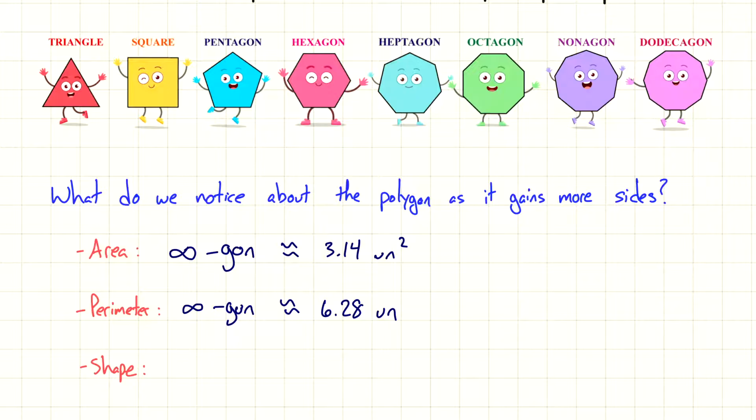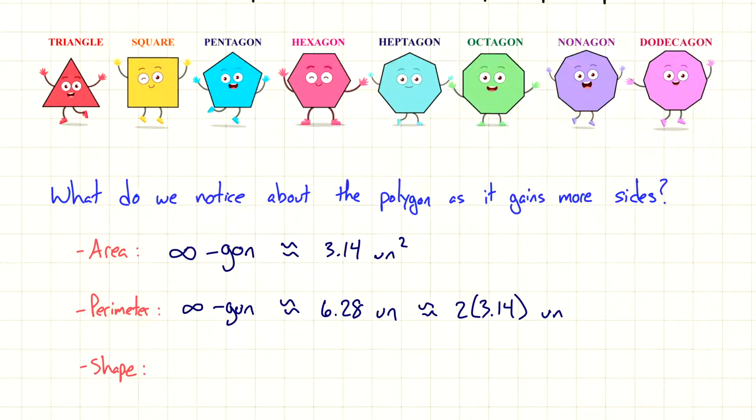All right, so if you didn't already notice it before, if we compare these two, you'll notice that the perimeter happens to be twice as big as the area. So technically, this is kind of like the same thing as 2 times 3.14, right? So somehow that 3.14 is a magic number for us.